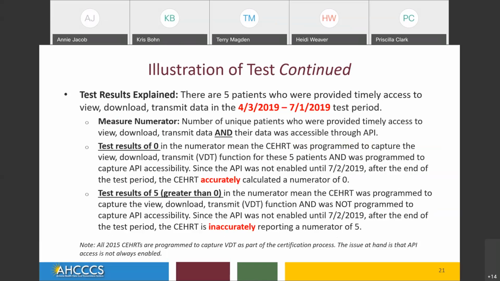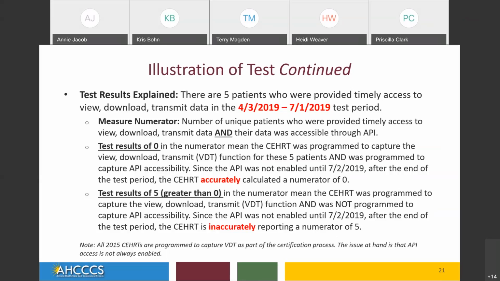If the EP's test result is 0 in the numerator, that means the Cert was programmed to capture the view, download, transmit function for those 5 patients and was programmed to capture API accessibility. Since the API was not enabled until July 2nd, which is after the end of the test period, the Cert accurately calculates a numerator of 0.